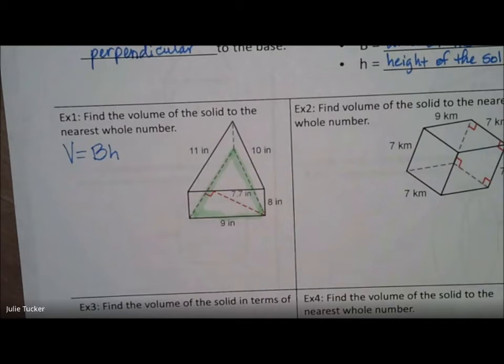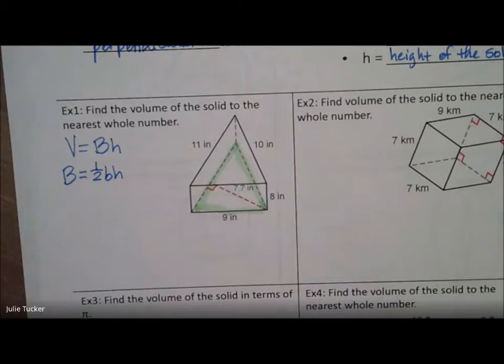Now a formula for the area of the triangle would be 1/2 bh, little b, not capital B. Why for AB?